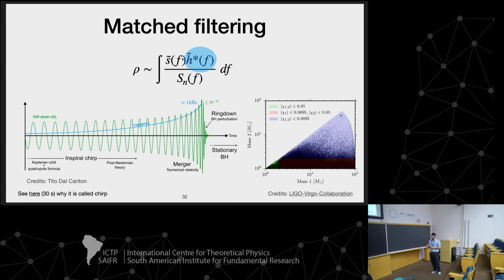Color-coded are different spin distributions. And all the dots are the templates that were previously modeled through inspiral chirp and numerical relativity and are then used to do matched filtering. I don't know if you can see that, but there's a little dotted circle there. That is the gravitational wave signal that actually triggered the matched filtering for the first gravitational wave signal ever detected.